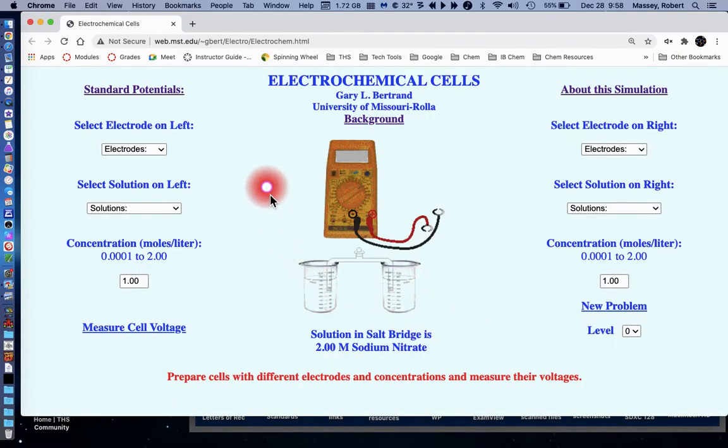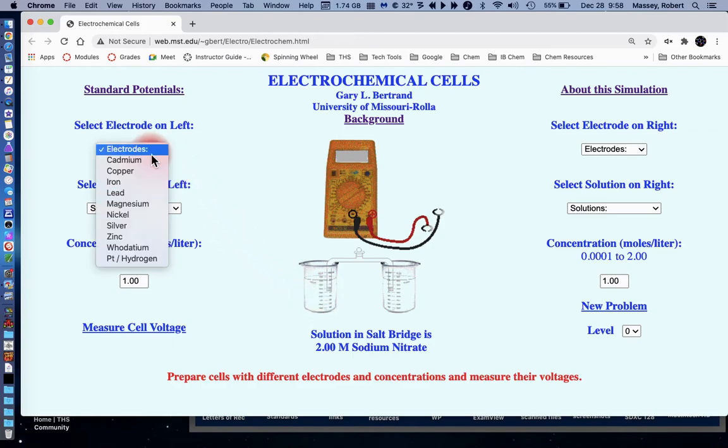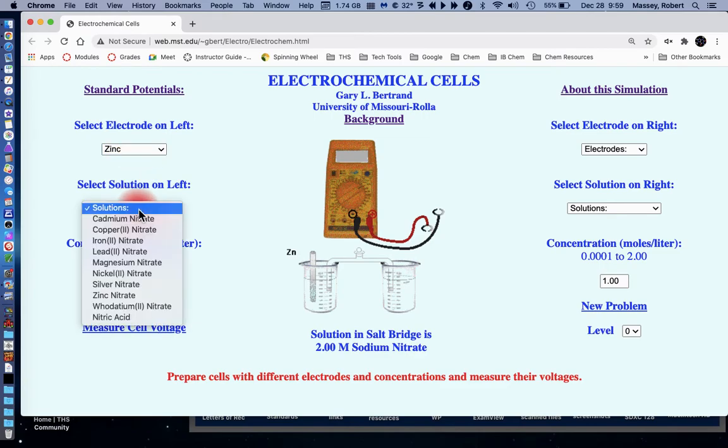Okay, now the way this works, you see these are our two half cells here. I will pick the zinc as my electrode, and it's in a solution, and it doesn't matter what the ion or the solution is, it just needs to have the zinc ion. So zinc nitrate, it could be zinc chloride or sulfate, it doesn't matter. It just needs to be a solution containing that electrode.